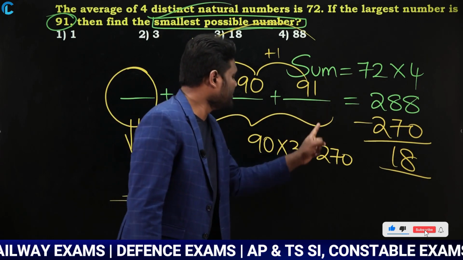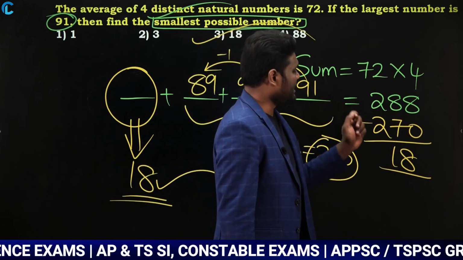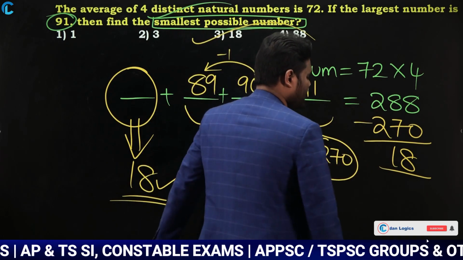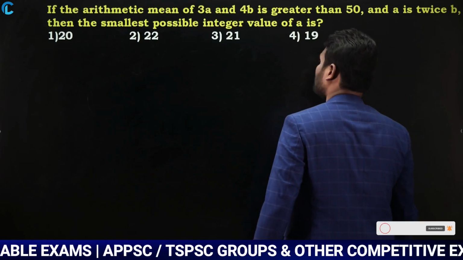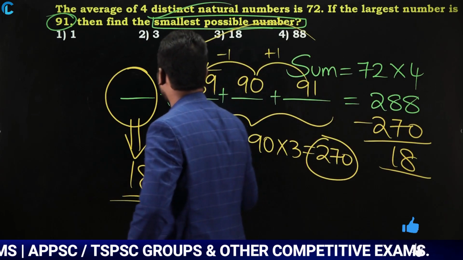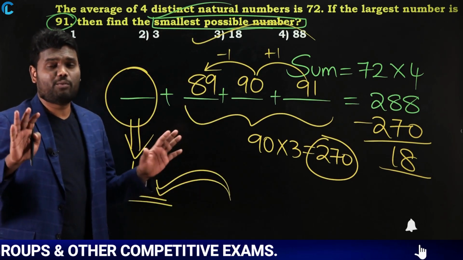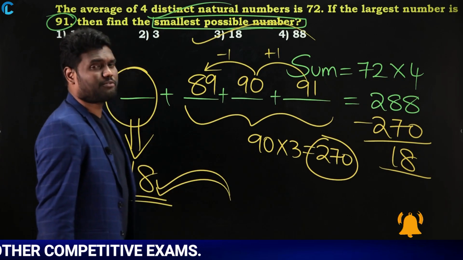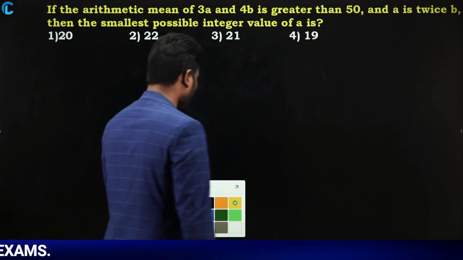When you add all of them, the sum is 270. Out of 288, if you subtract 270, it is going to be 18, which means the smallest possible number is 18. Okay, very good question. These types of questions are going to come in the examination, so you have to practice all of them.